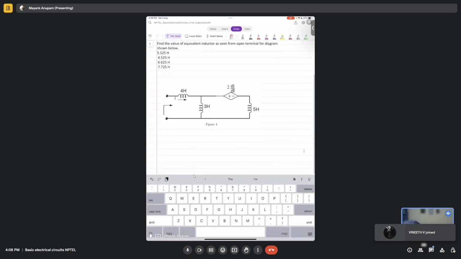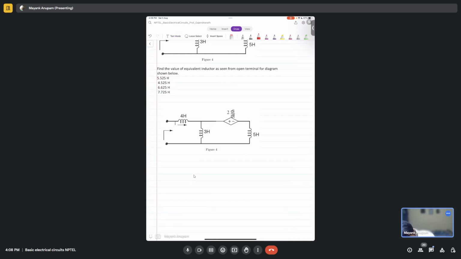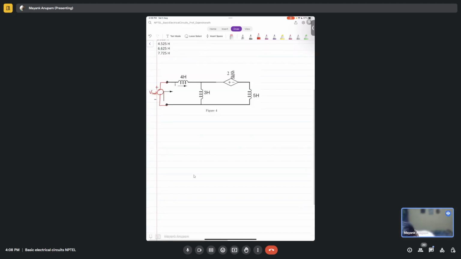Whenever we need to find the equivalent of something, we first attach a voltage source, isn't it? Let's call it V test. Now what should I do? You are saying that I should do V test upon I, right? I, because it is flowing in this direction. Correct?